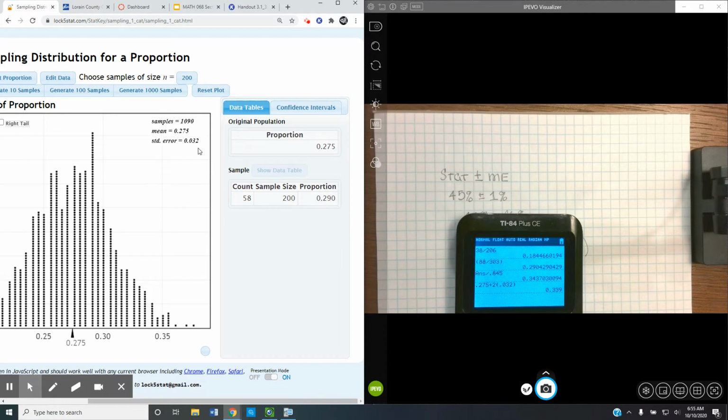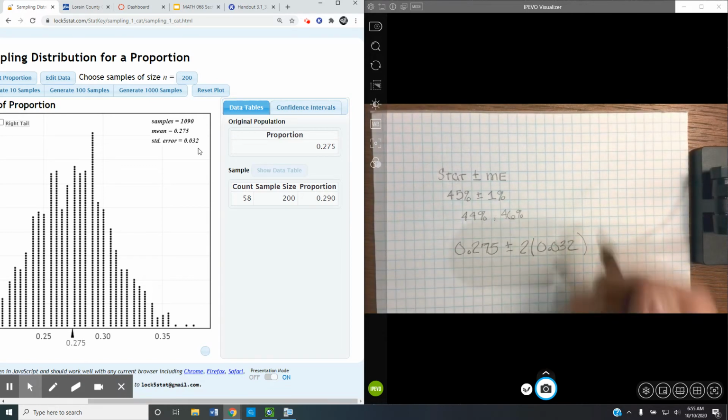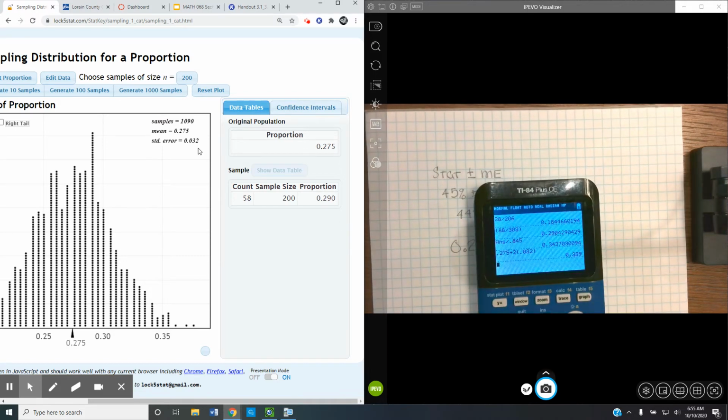So my first one, my upper is 0.339. And then I'll go back and grab that same line, just go back up to that line, grab it again, and go back and insert a minus sign, and 0.211.